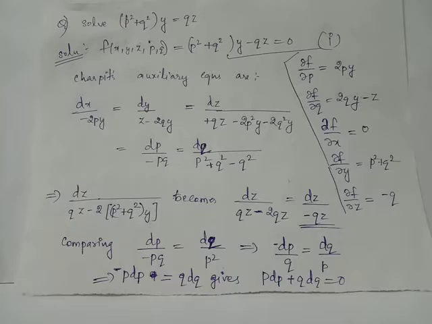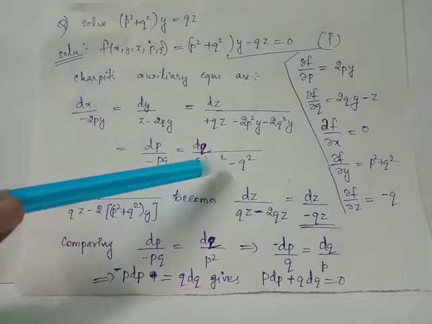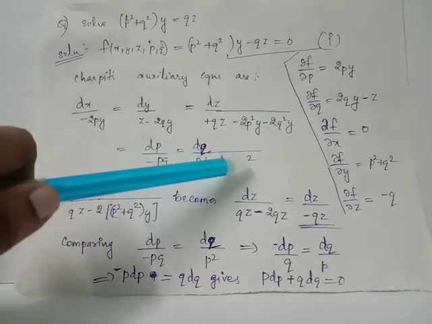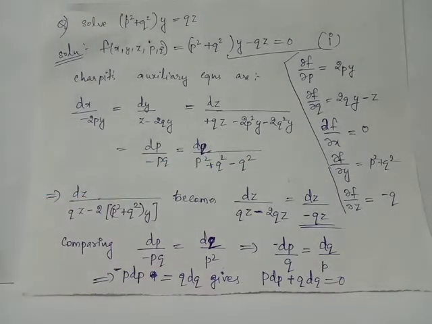The final ratio to be written in the Charpit's auxiliary equation is dq upon fy plus qfz. We have fy equals p square plus q square and qfz is given by q multiplied to minus q. Therefore, we have dq upon p square plus q square minus q square. Q square and q square get cancelled. Therefore, we have dq upon p square as the final ratio.